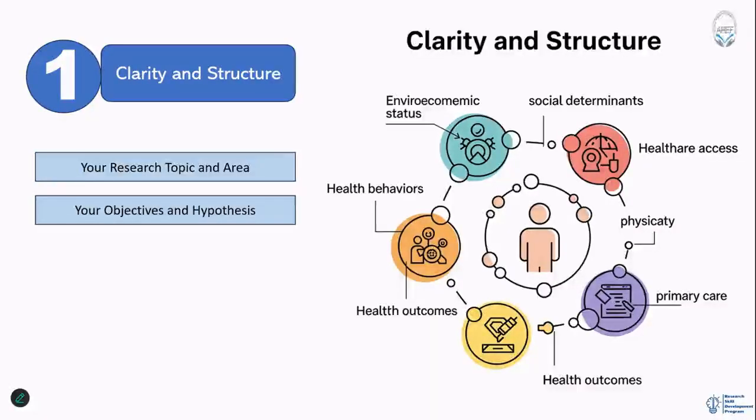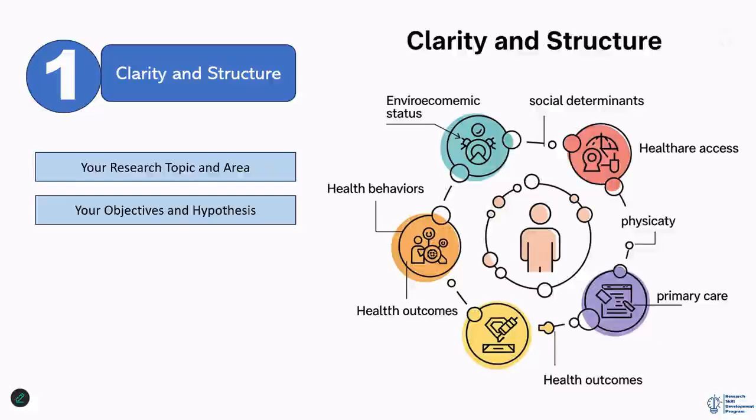Then the second set of clarity you need is in the areas of objectives and hypothesis. Sometimes we spend years, and I have seen students when they come to defend their research, they are still fumbling about why a particular objective was kept. After 3, 3.5 years of research, if that is the situation, we have to ask ourselves multiple times: am I even eligible to do research?